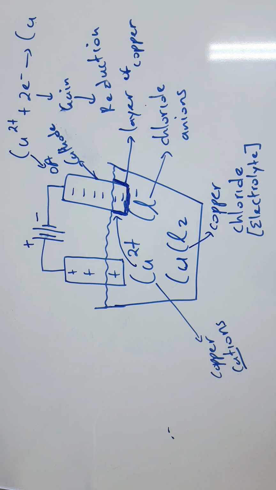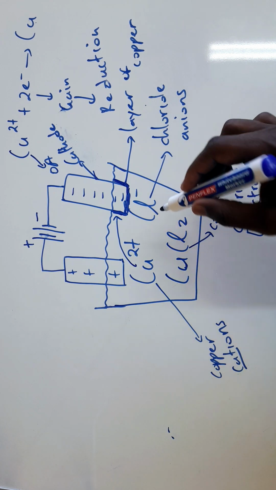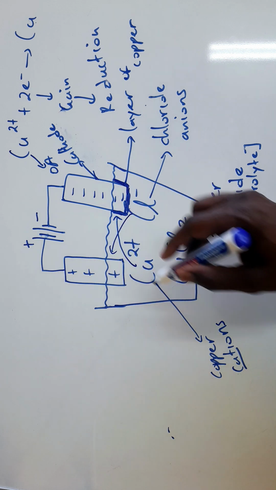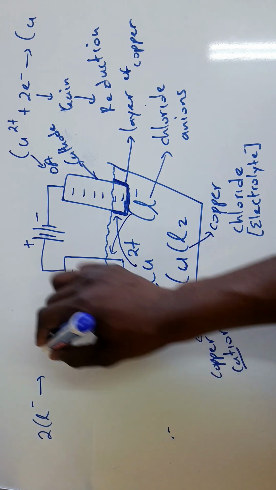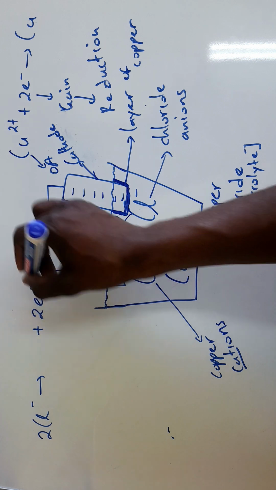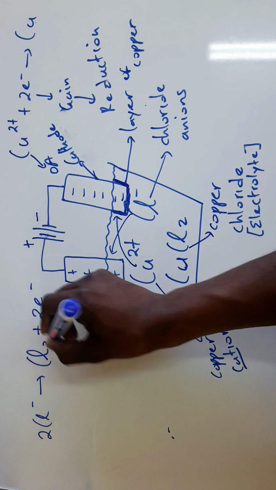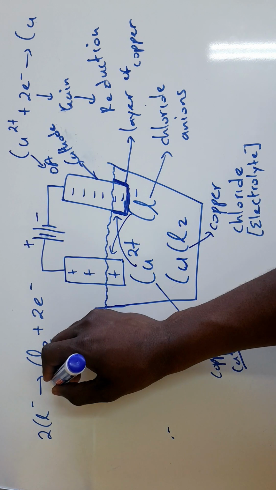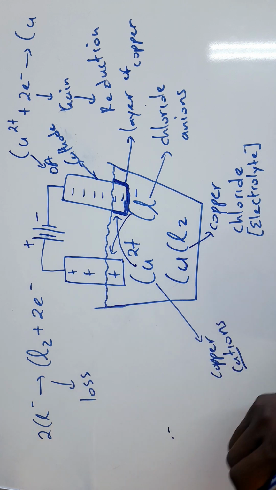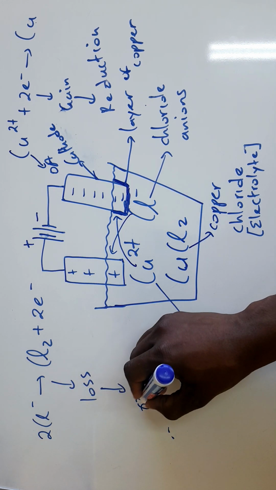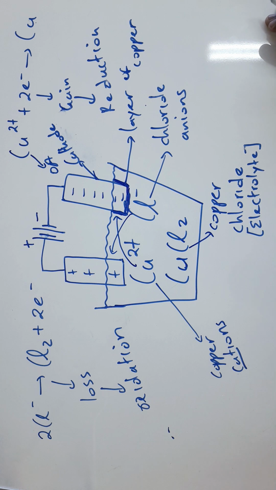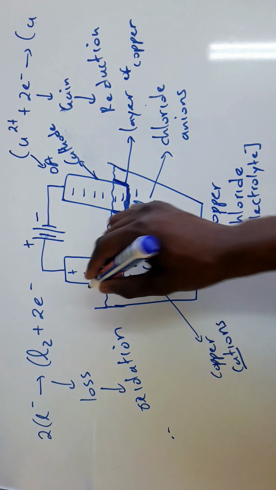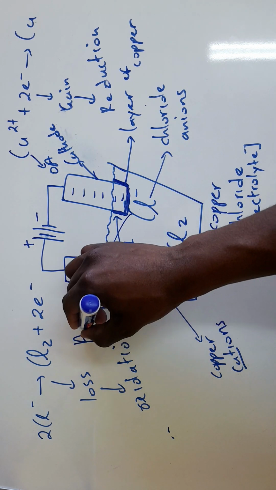Now let's go to the other side. Chloride anions are negative. They go towards the positive electrode. They go in pairs. So 2 chloride anions, each one loses 1 electron, and then they come together and become chlorine gas. So they lose electrons. A loss of electrons is called oxidation. Because oxidation is occurring on this electrode, our electrode is called an anode.